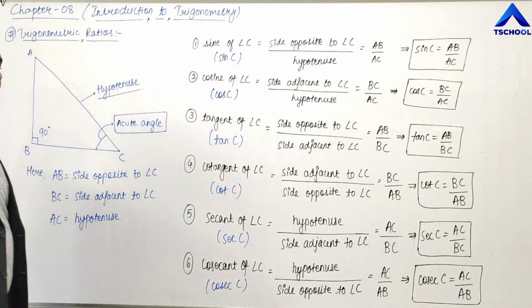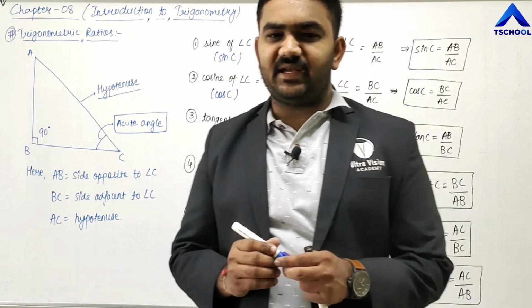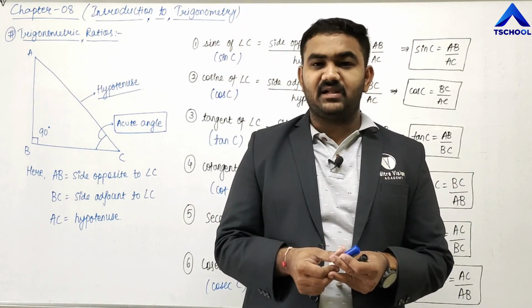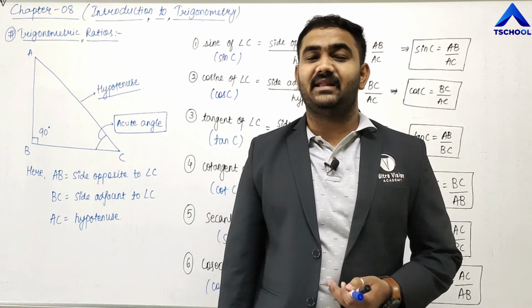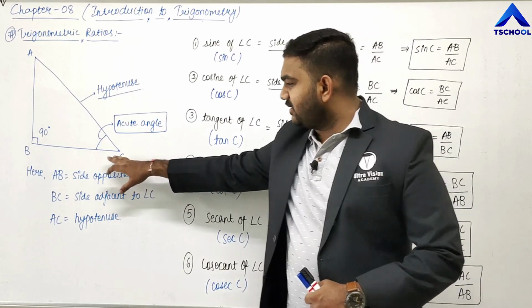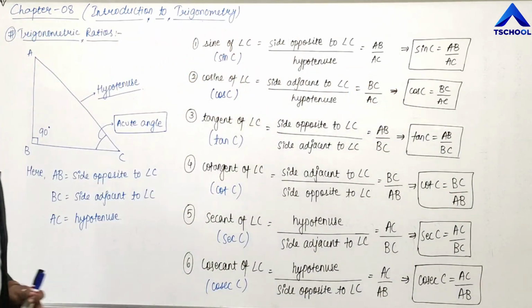The property of a right angle triangle is any one of the angles is 90, and the other two remaining angles must be less than 90, or acute angles. So here angle C must be an acute angle so as to perform these 6 different ratios, right? So these are the 6 ratios that we got here from this triangle.